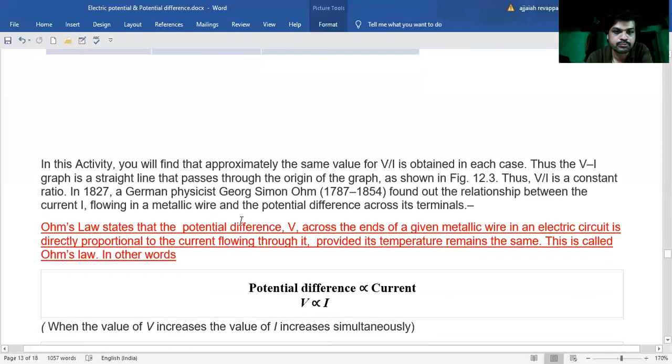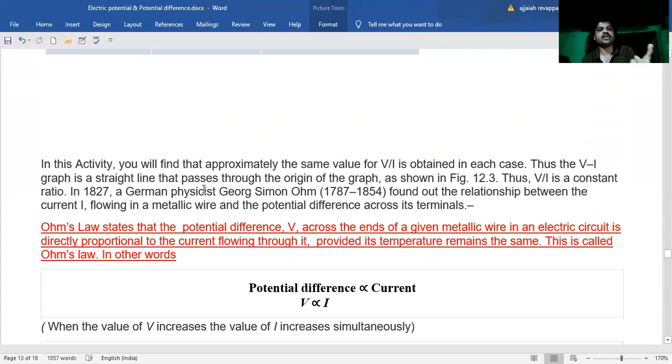Okay, next. Fine. George Simon Ohm, a German physicist, in 1827 did a series of experiments, like we have connected a nichrome wire in our circuit. He connected wires of different materials, say copper wire, aluminum wire, nichrome wire, silver.